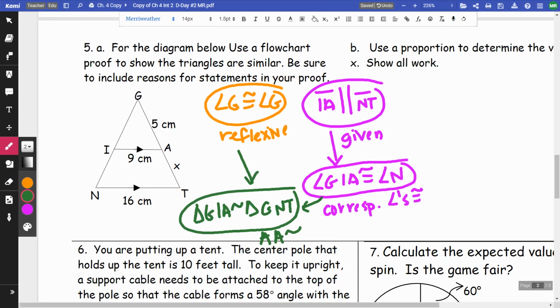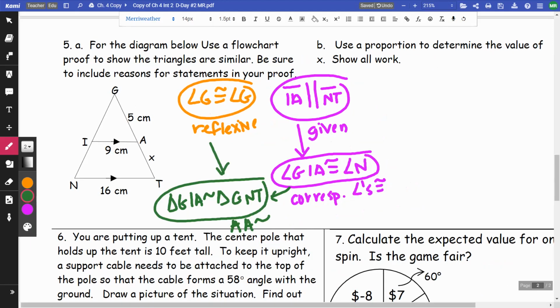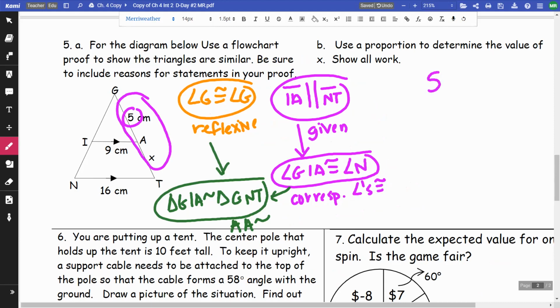And then I'm going to do proportions, and I have to be careful. When I do this, this 5 is going to go with the whole entire side. So I'm going to say 5 over 5 plus x is equal to 9 over 16. And I'm going to get 45 plus 9x is equal to 16 times 5, and I get 80.